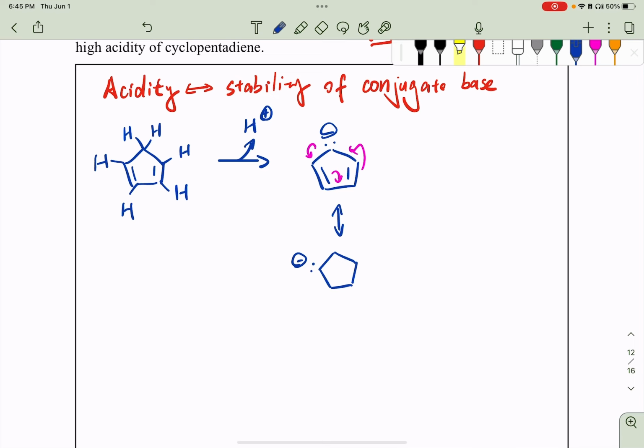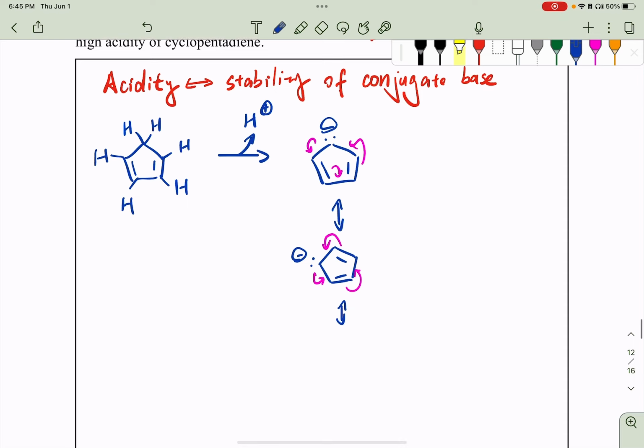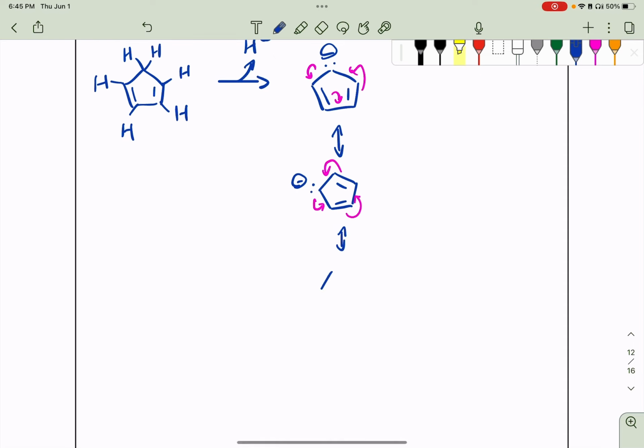So let's move this way, and we got it here. Then we can move it again and do the resonance. Here. And let's move that again.